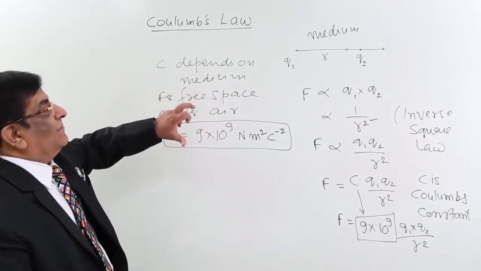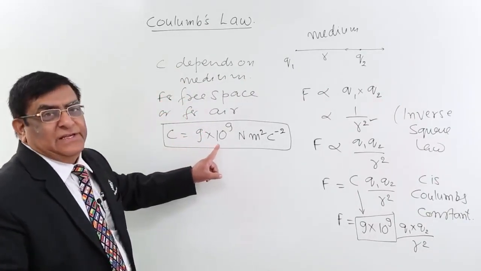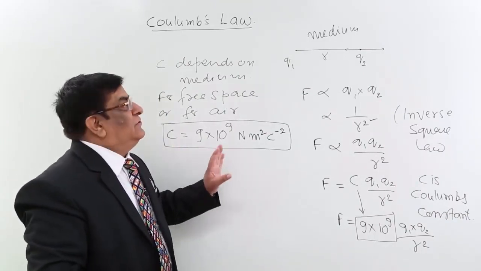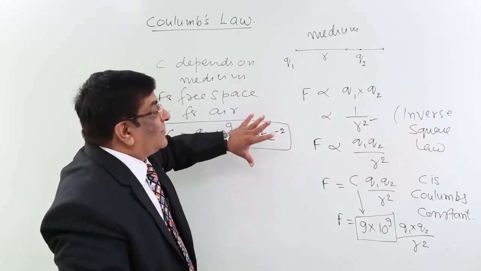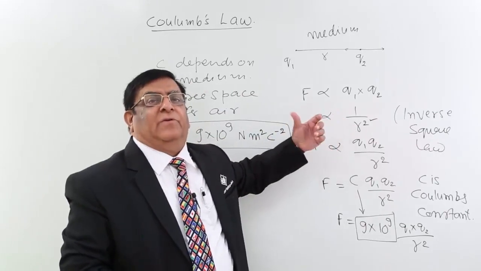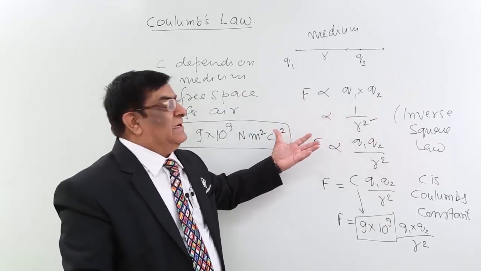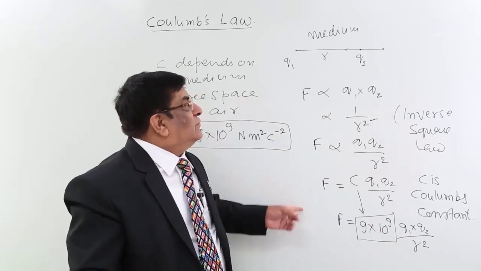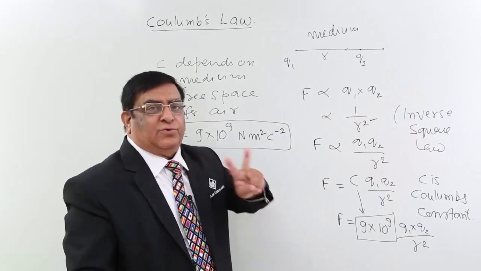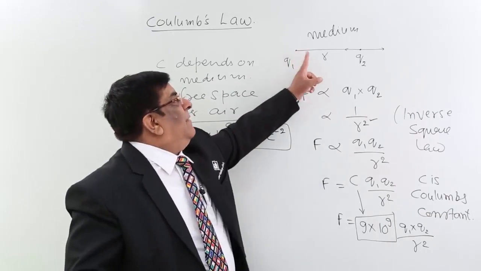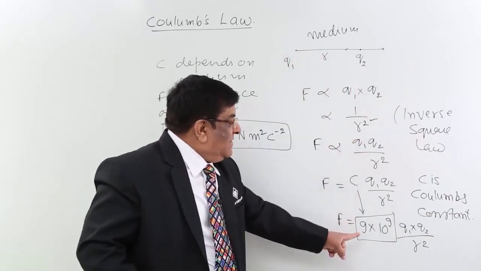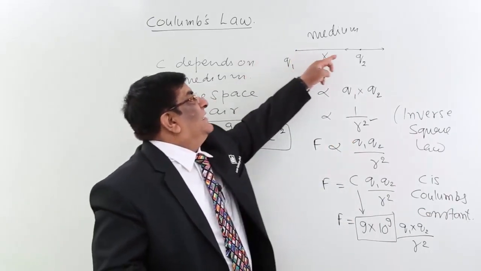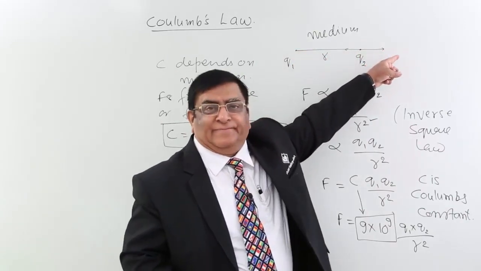If there is a medium, then the value of C will change, and that change will be due to a characteristic of the medium. We call that characteristic permittivity, and that we will study in the next lecture. What is permittivity? So this is Coulomb's law. Two things: number one, the magnitude will be given by this equation, and the direction will be along the line.